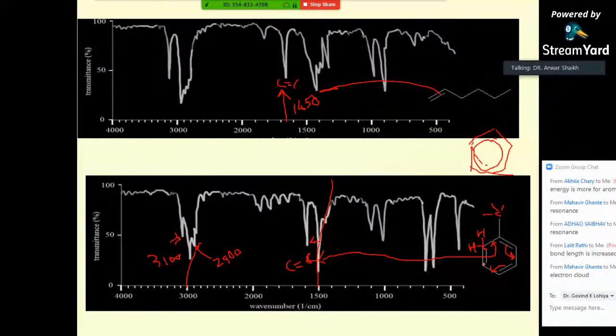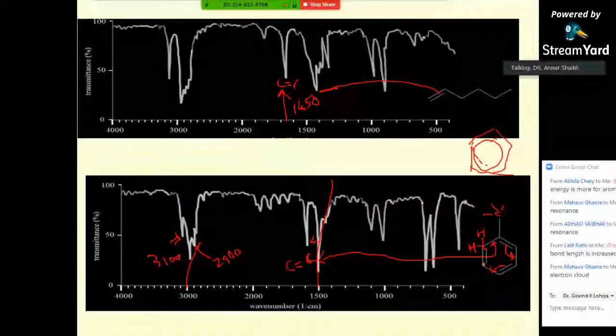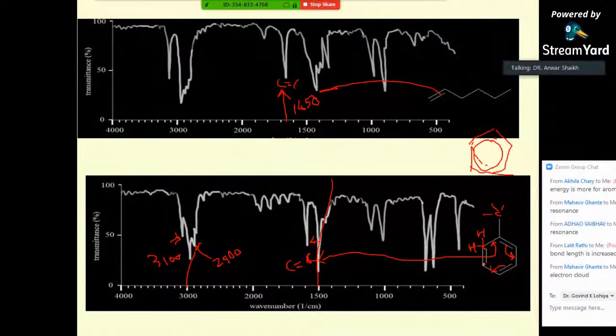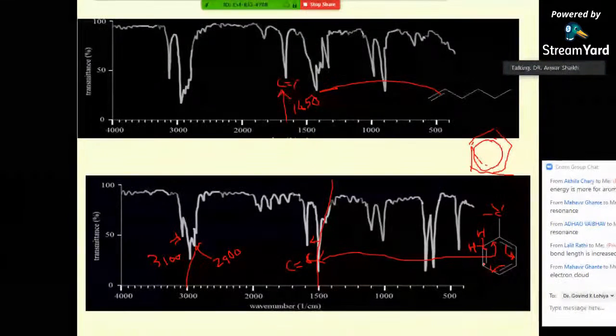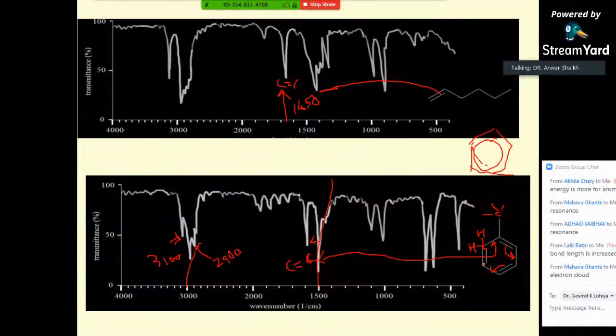In the aromatic case, the double bond is not always the same double bond, because with resonance it is revolving, so it is appearing at a slightly lower value.